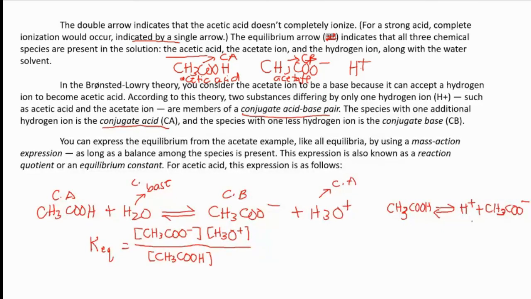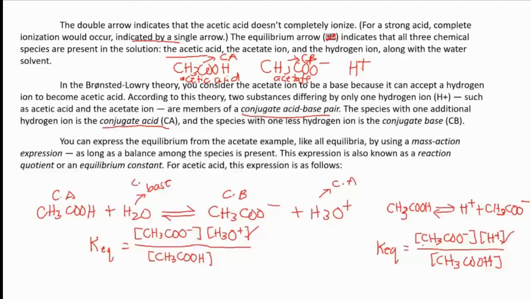That is why they say that H plus and H3O plus are the same. So what is the K equilibrium? We have CH3COO negative, then H plus, divided by CH3COOH. It is the same, right? That is why the hydronium ion and the hydrogen ion are considered the same. Take note of that.